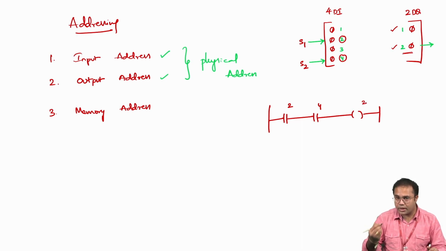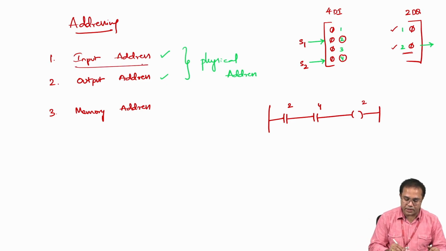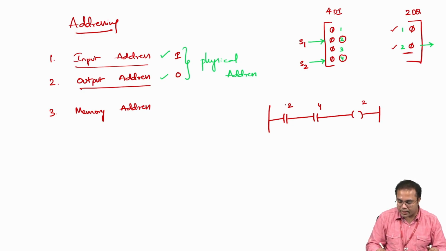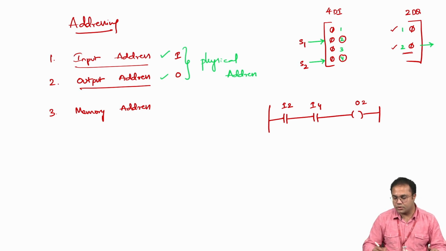When you write these instructions, for input addresses the prefix starts with I, and for output addresses the prefix starts with O. So I can write I2 or I4, which represents input 2 and input 4, and for output I can write O2, so output 2. Clear? In this way, whenever I use these physical channels, these physical terminals, I will be using these physical addresses.